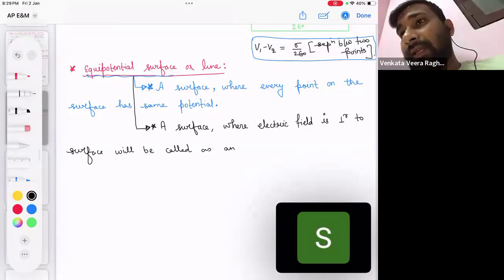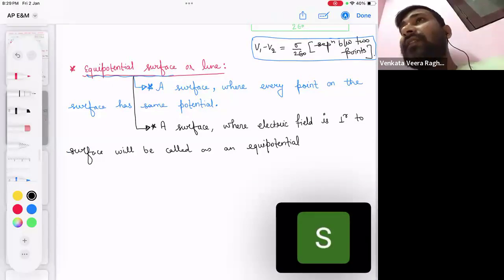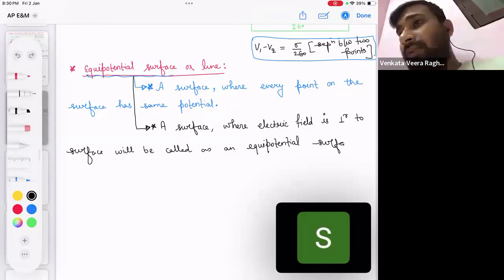Understood? I must look at the surface in such a way that the field will be perpendicular to the surface. Clear up to this? Please tell me.